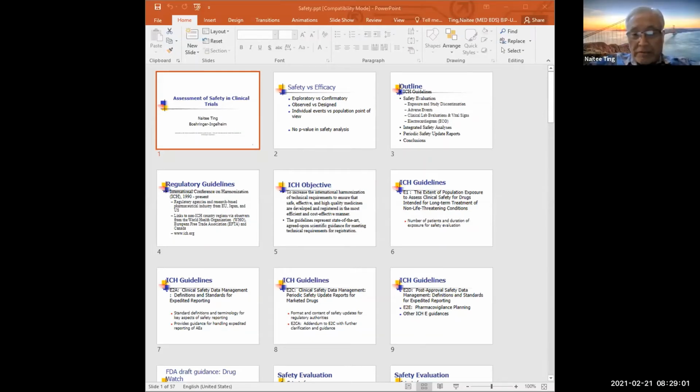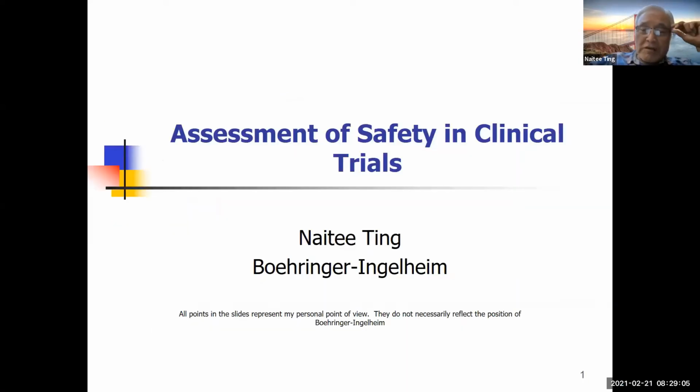Okay, today we're going to talk about drug safety in clinical trials. Before I get into it, safety is a huge topic. In drug development, starting at a very early stage, we do animal toxicity, and we want to look at drug safety.